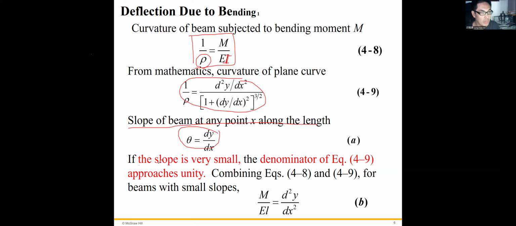If the slope is very small, that means this beam is totally elastic, so the denominator here approaches unity, because this term approaches zero.